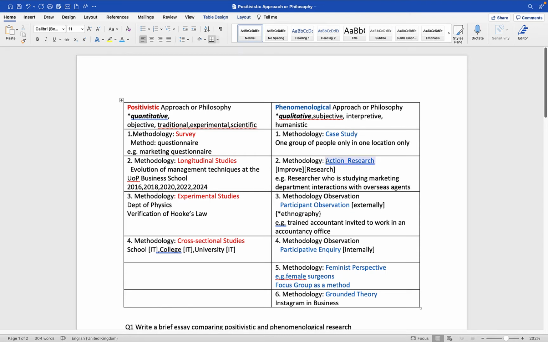Now the second methodology is an interesting one. You'll notice there are 2 terms, action and research. So the methodology is called action research. It means that a researcher is actually doing research, but at the same time he's improving.